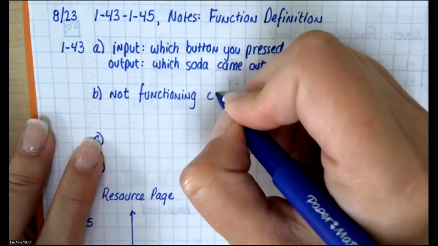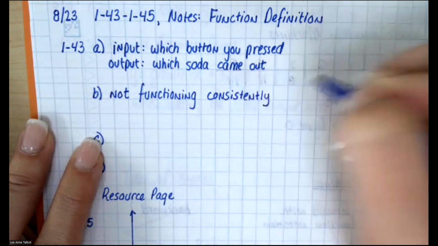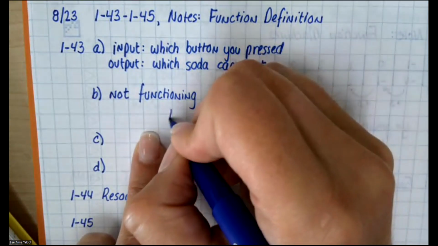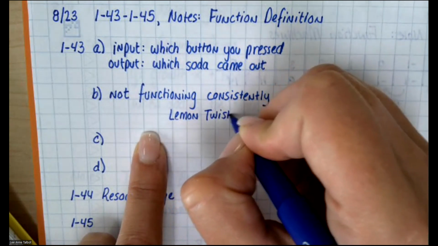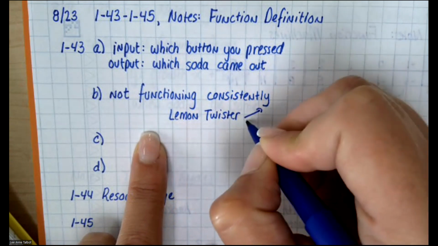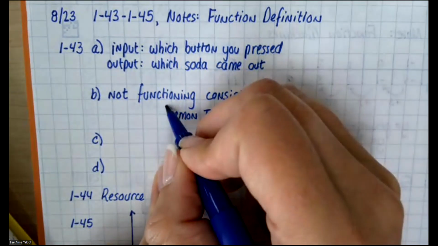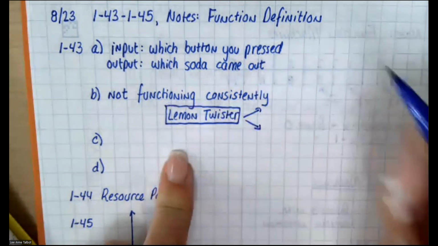We're going to say not functioning consistently. Okay, and then we're going to make a little picture. So let's pretend that this is the lemon twister button.